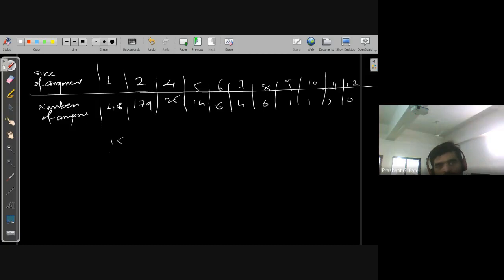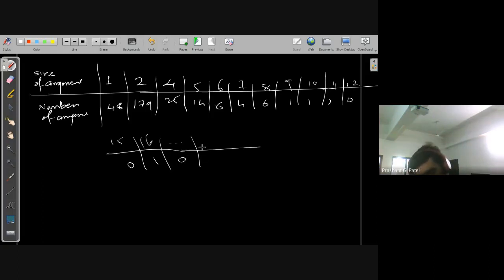Till 15, it is 0. Then at 16, it is 1. Still, there is one component of size 1851.